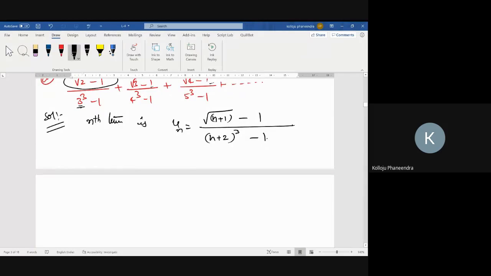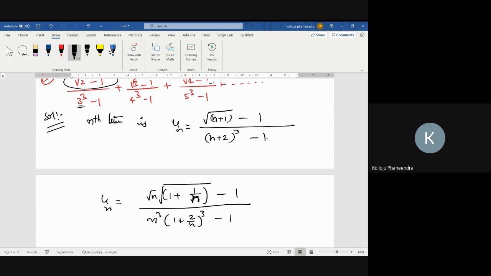Now let us express it as a function of 1 by n. Take n common in the first one, so this is 1 by n, under root, minus 1 by n cube common outside, 1 plus 2 by n whole cube minus 1.